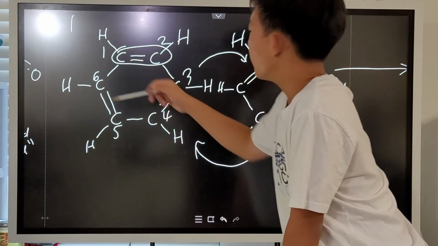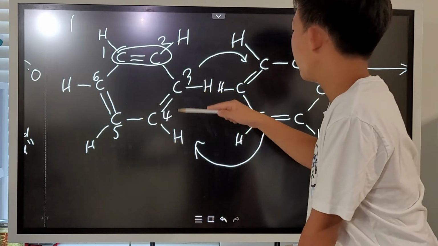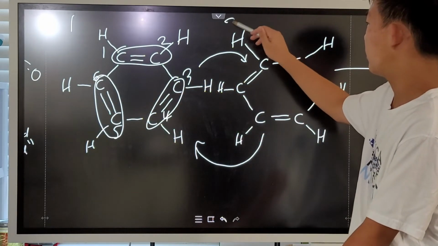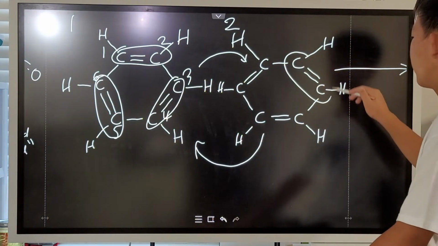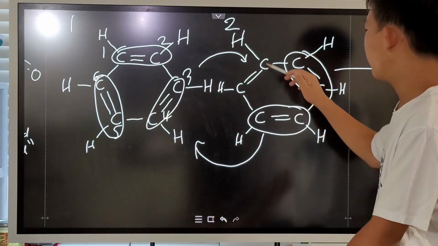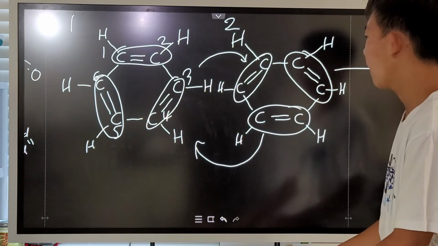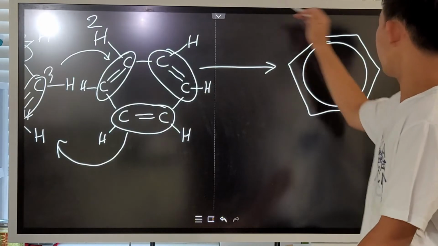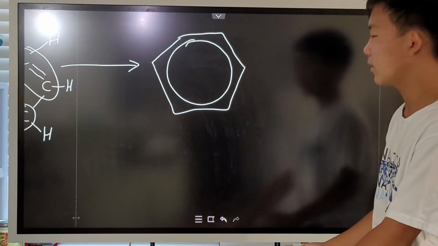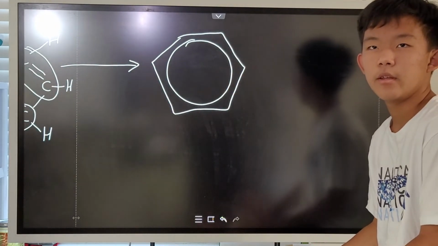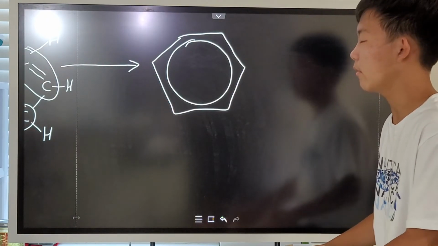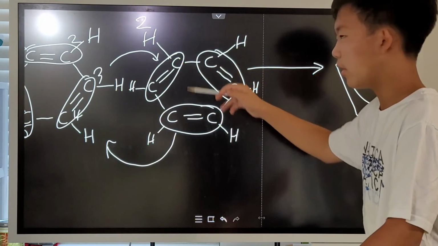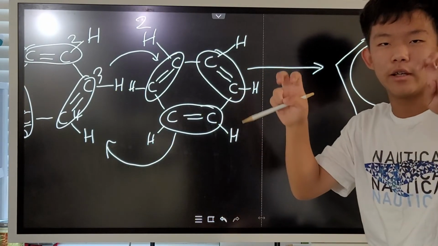Model number 1 has a double bond between 1 and 2, 3 and 4, and 5 and 6. But model number 2 has double bonds between 2 and 3, 4 and 5, and 6 and 1. So it's just about where the double bond really is. So sometimes we just draw it like this, given the resonance structures. Because think about it, and you'll get that each carbon-carbon bond is technically 1.5 bond.